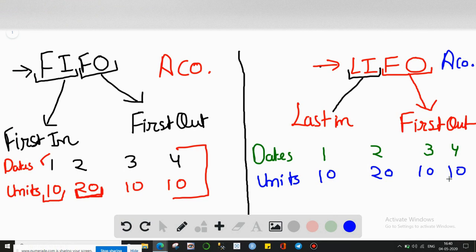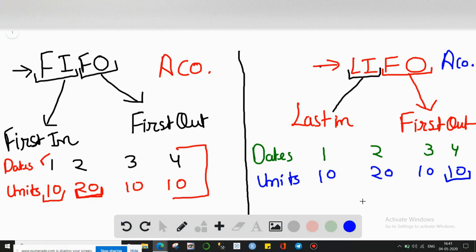It will be selling the units which have been purchased most recently. Let's say suppose a company sells 30 units to its customer.